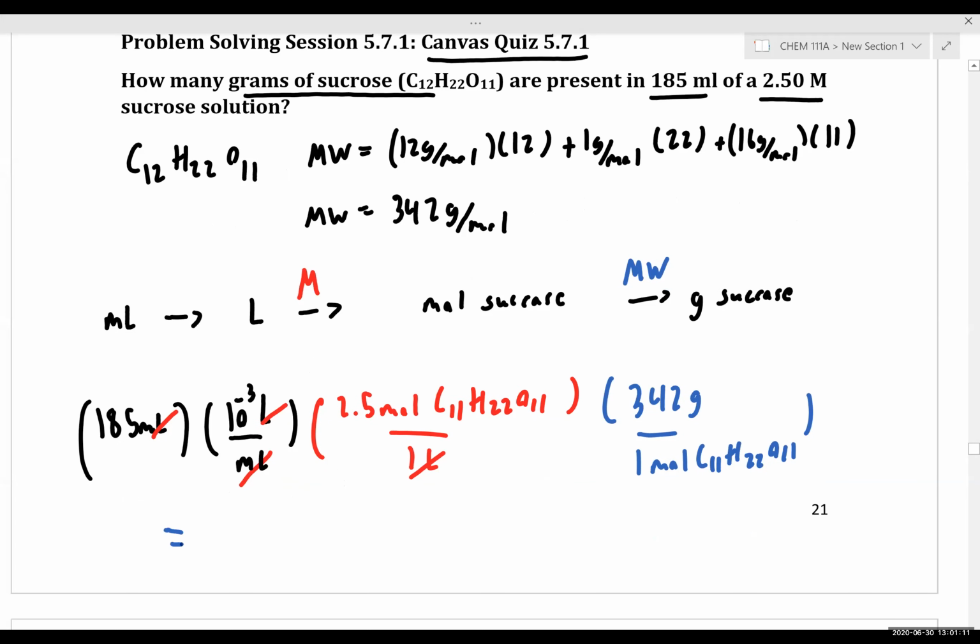And that in turn gives us a mass of sucrose of, punch that into our calculator right now. We get a mass of sucrose of 158.175 that we round to 160 grams of sucrose.